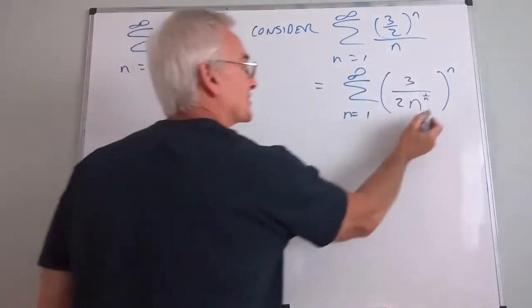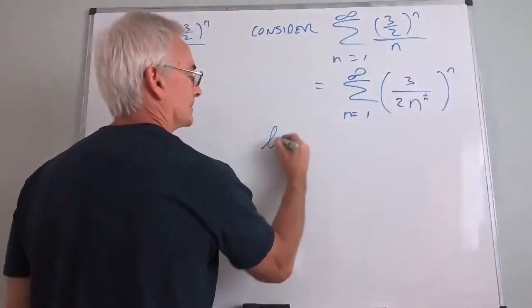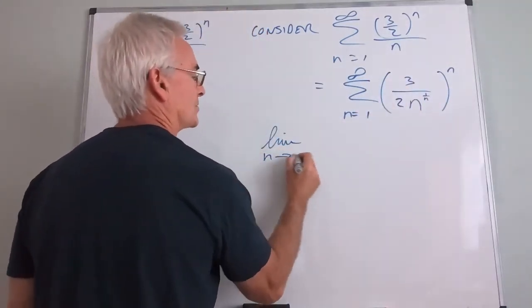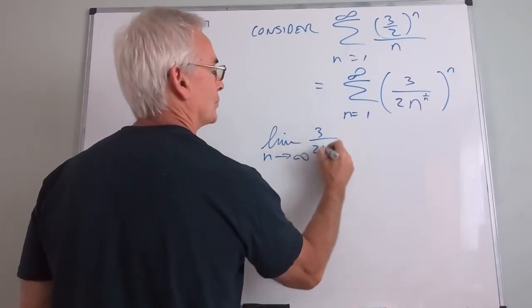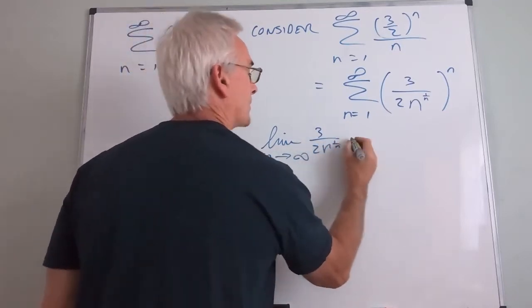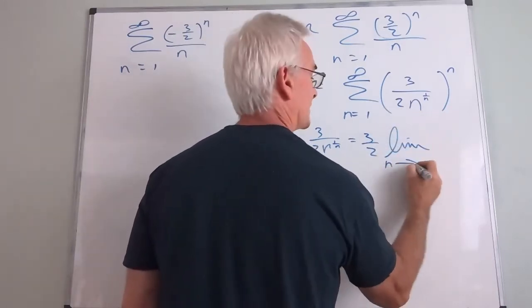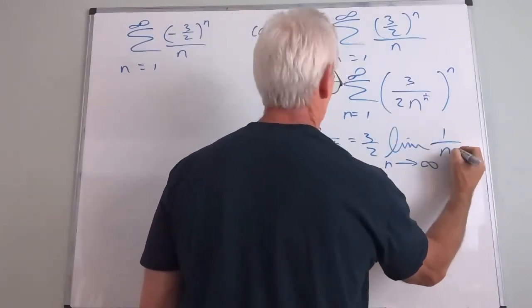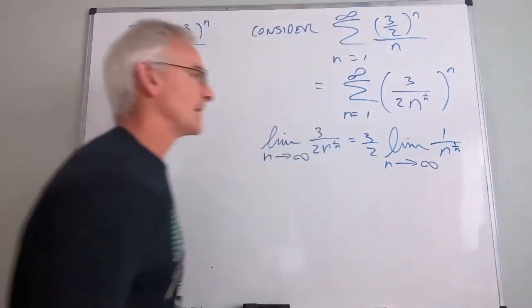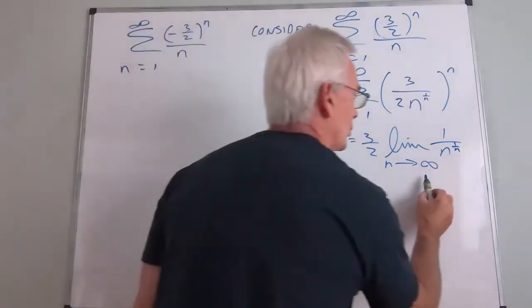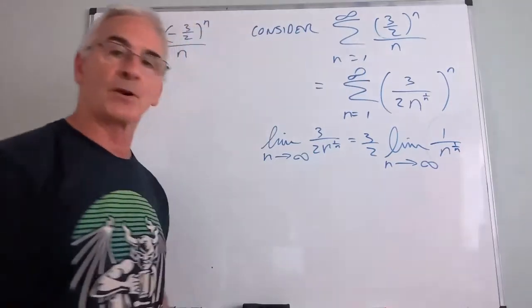So now all I gotta do is take the limit of that guy right there. The limit as n goes to infinity of (3 over 2n) to the 1 over n. I'm gonna rewrite that as 3/2 times the limit, because that guy right there just looks a little bit disconcerting to me. That might make it easier. We proved this limit. You never have to prove it again.